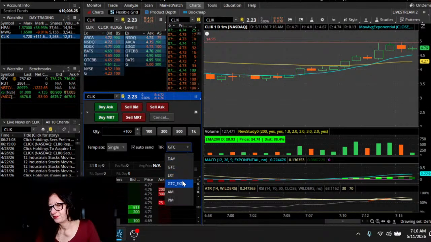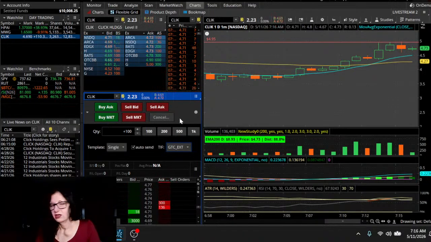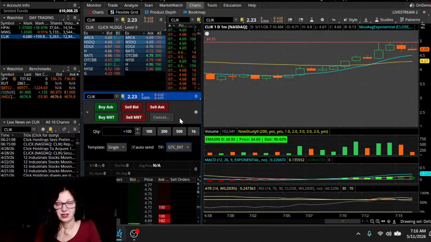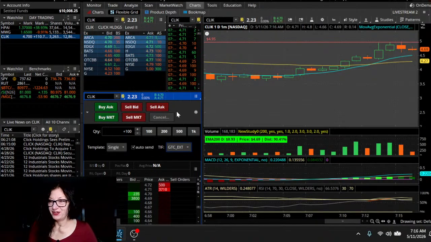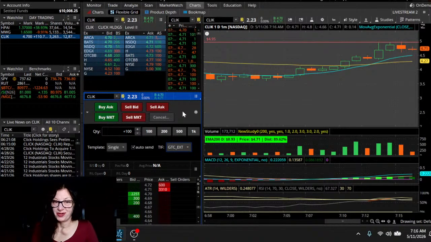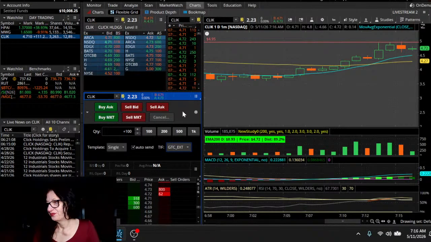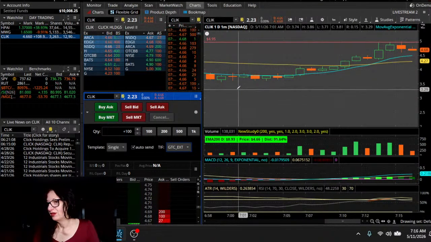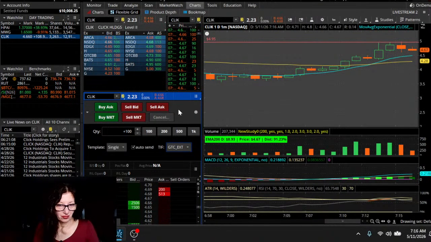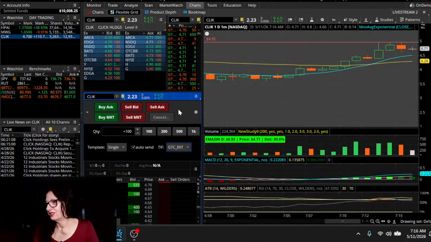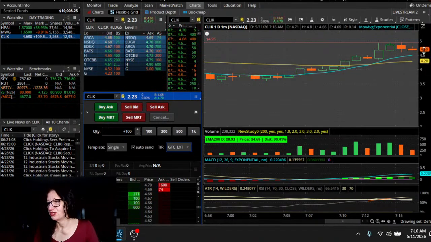Oops. In order to use hotkeys, I have to be clicked into the active trader window, and I'm still kind of getting used to that. So now it's actually pulling back even more. So I'm going to look at the 10-second chart and see if there's a breakout or if this turns into a real pullback.